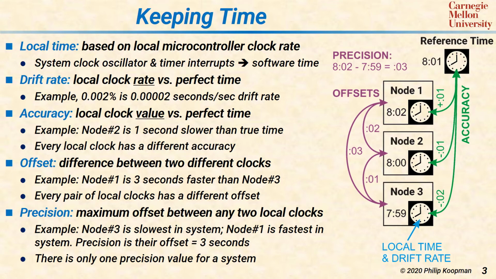There's only one precision value for a system because it's a global across the system kind of number, whereas every pair has an offset. The notion of precision and accuracy are decoupled. Again, precision has to do with whether or not all the clocks in a particular embedded system agree with each other, and accuracy has to do with whether that agreed upon value is actually representative of actual universal notional perfect time.